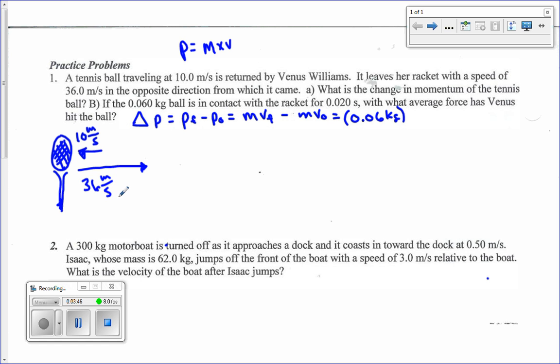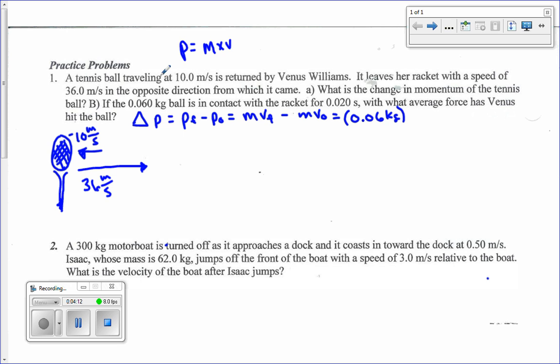Yesterday, I told you to draw pictures, diagrams with your problem, so you can tell that one of these velocities is going to have an opposite sign. So in this case, let's give the 10 a negative sign.